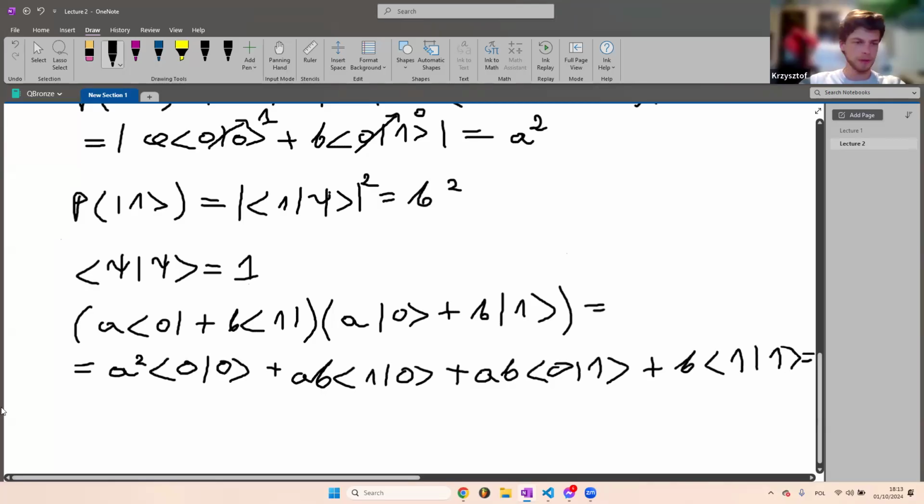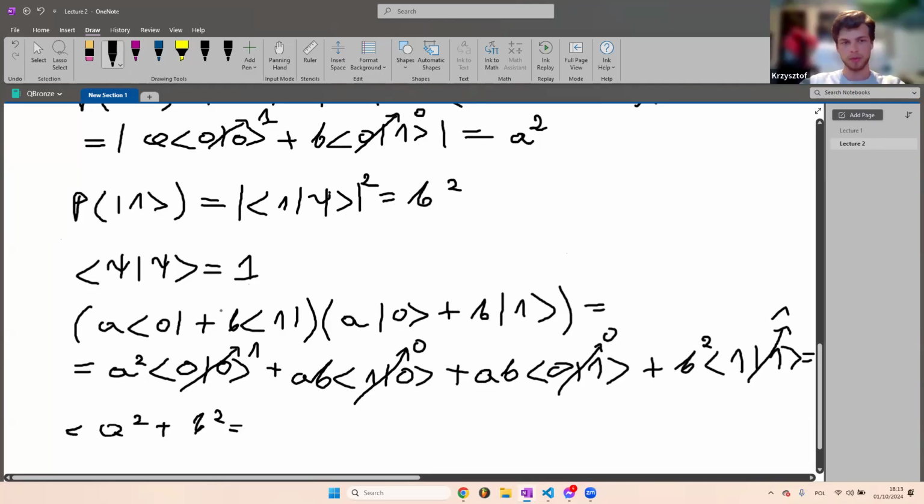We know from the orthonormality of those vectors that this reduces to 1, this reduces to 0, this also reduces to 0, and the last term reduces to 1. Therefore, I forgot the square here. Therefore the result is a squared plus b squared.